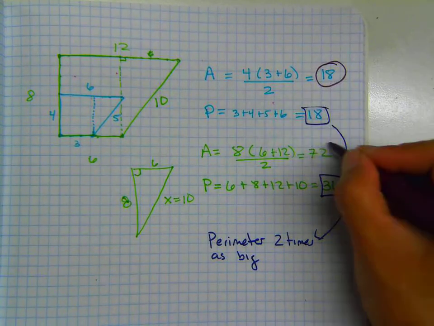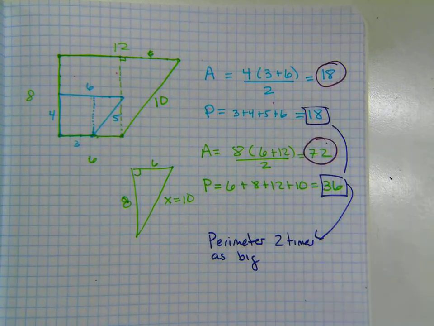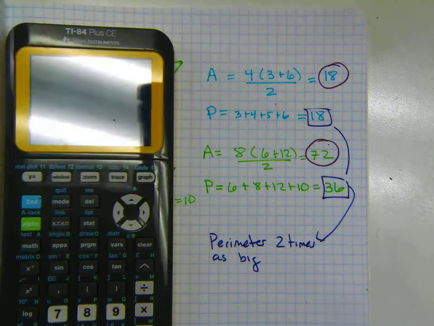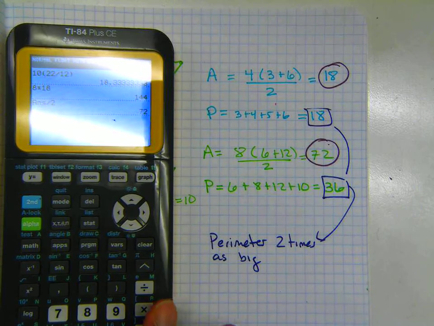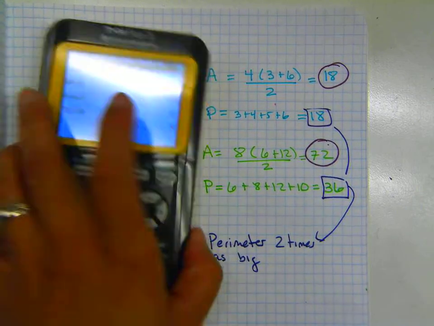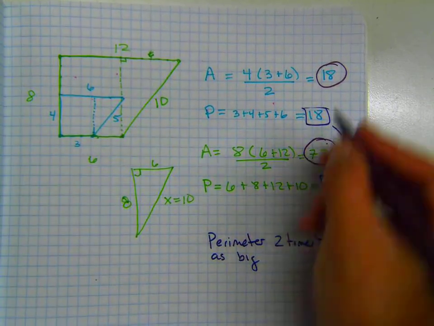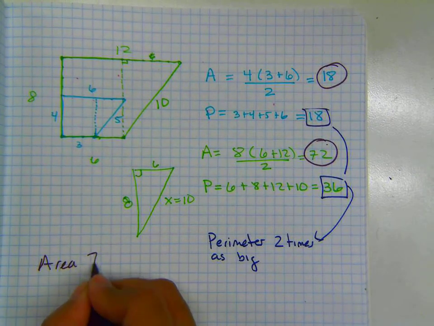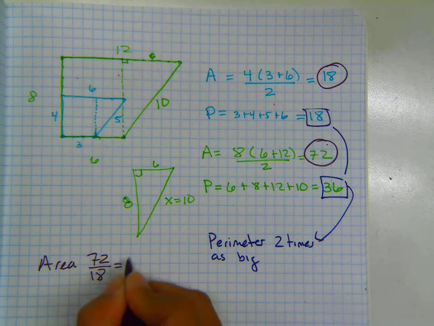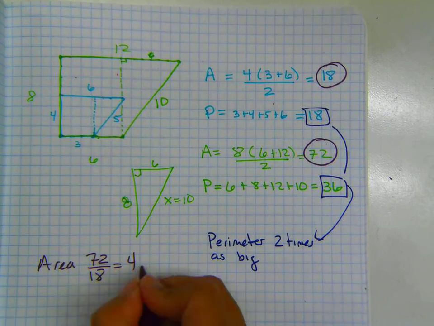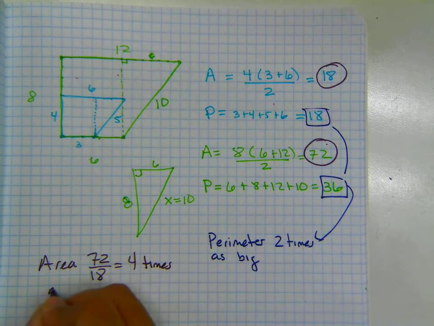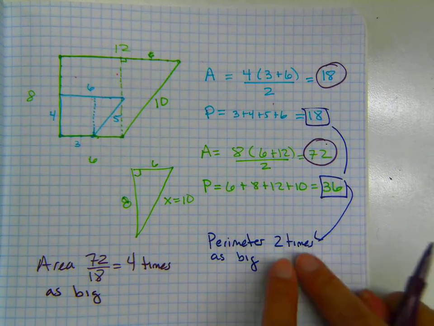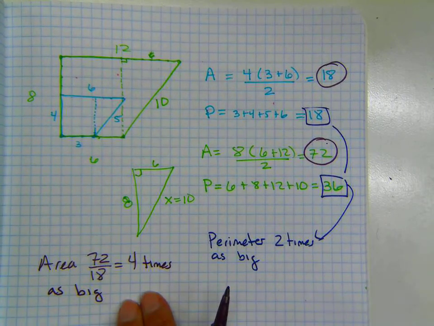And here's the areas. Well, it didn't get twice as big. It actually got 72 divided by 18. It got 4 times as big. Well, that's unusual, right? So if my scale factor was 2, my perimeter gets doubled and my area gets quadrupled.